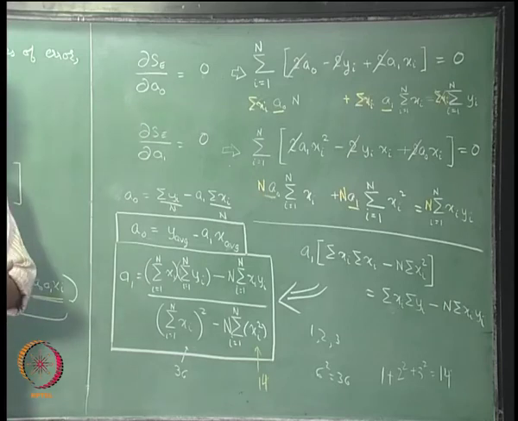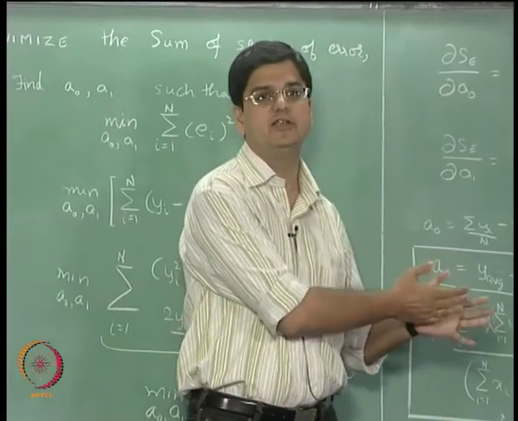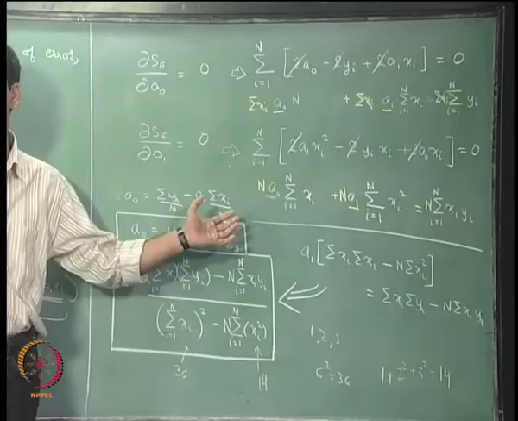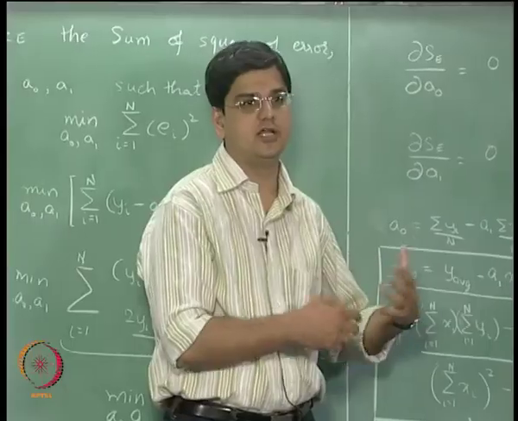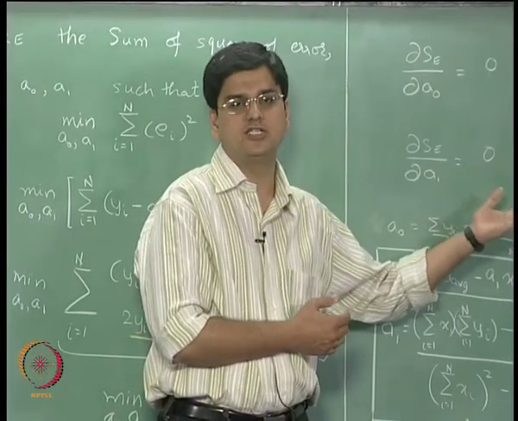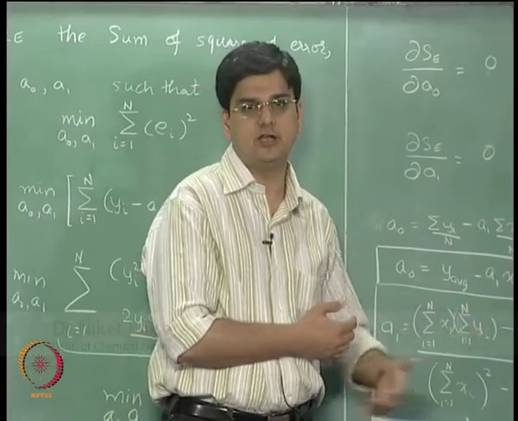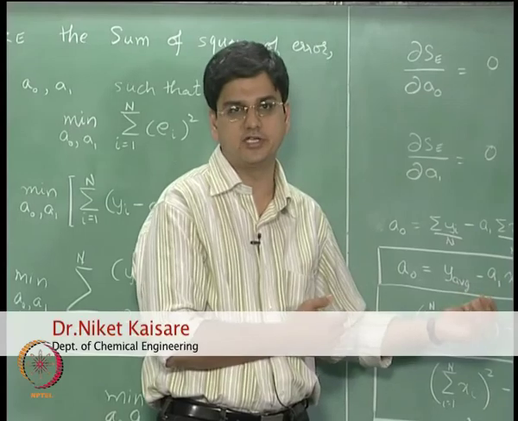What we will do in the next class is to extend this linear regression in one variable to a linear regression in multiple variables. So not just the data x versus y, but we have multiple independent variables, then how to do the linear regression.